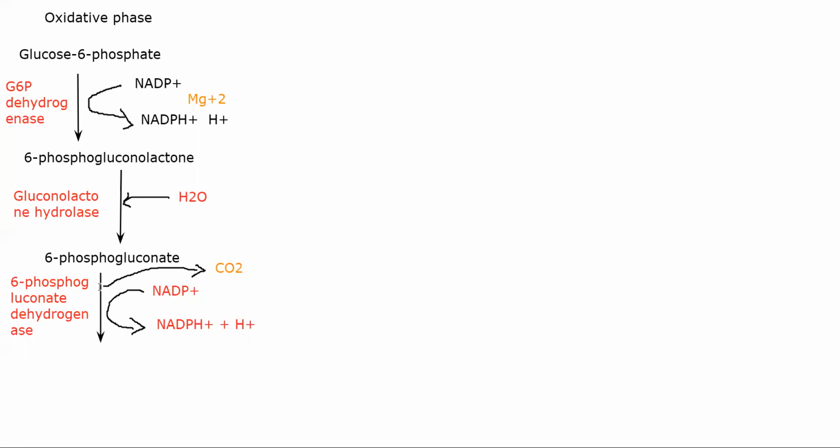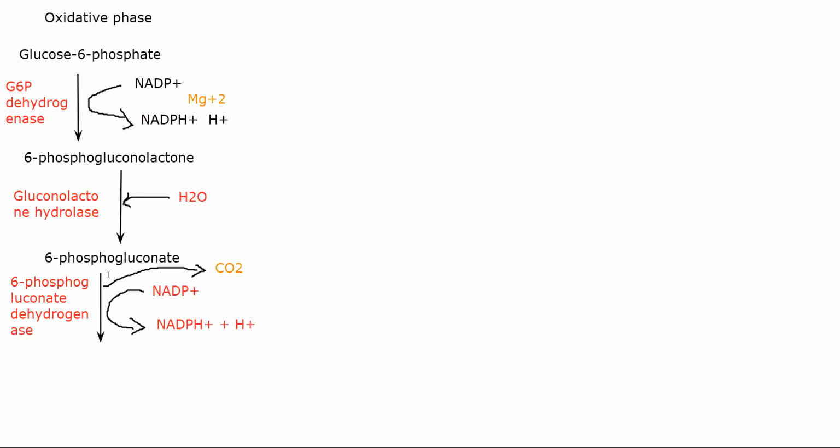So 6-phosphogluconate is obviously a 6 carbon molecule, a glucose molecule with the 6th carbon having a phosphate group. Here you are dehydrogenating the molecule using NADP plus, and you get NADPH plus H plus. Basically, you are reducing NADP plus while oxidizing 6-phosphogluconate. Along with that, one carbon dioxide molecule is removed.